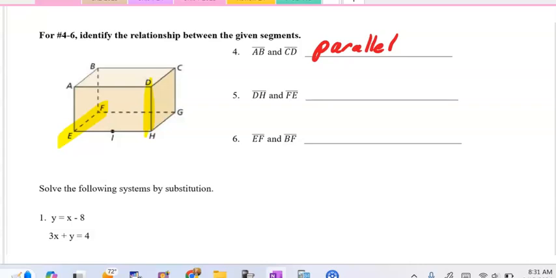Those lines never intersect, but they are not parallel, so they are skew. And then the last question for a review of Monday's class was EF and BF. Those form a 90-degree angle, so those are perpendicular since this is a rectangular prism.